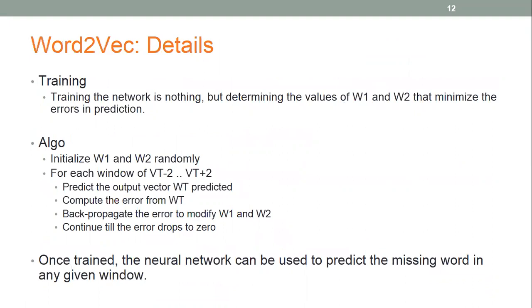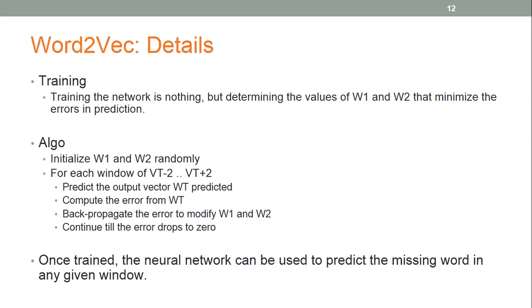We compute an error between the expected and the predicted output. That error is propagated backwards in the network to modify W1 and W2, and this can go on till we see that the error is reduced to 0, or a very small value which we can ignore as an error.